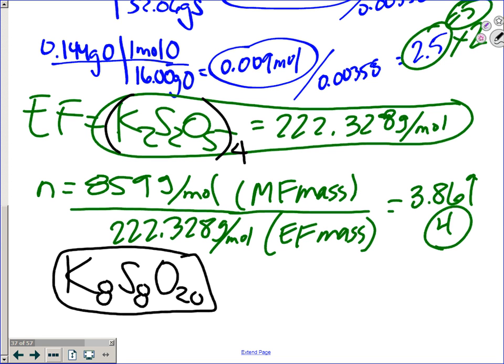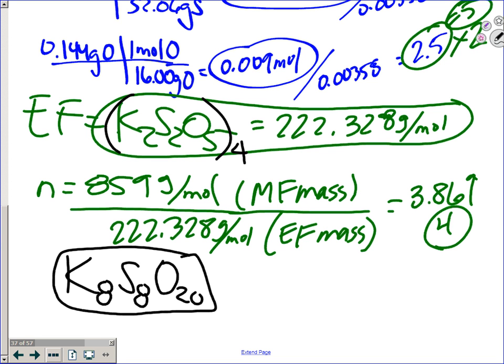So what you'll notice is on the bottom here, do you see that they're empirical and molecular formula practice? Yes. Okay, so I'm going to ask for you guys to do 2 of these. There's one with a hydrate. There it is. Number 5.